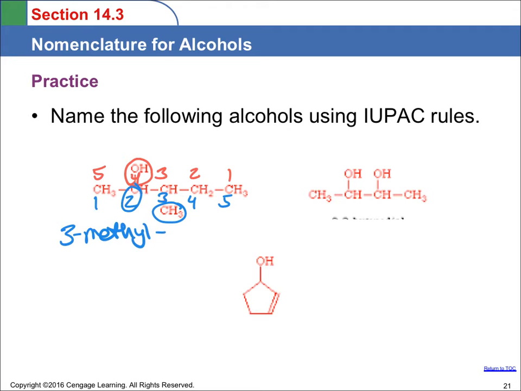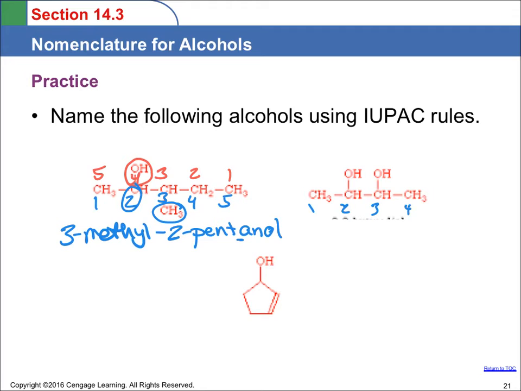Need to say where the alcohol is. It's on number 2. 5 carbons is pent. Everything is a single bond, so we're going to have the A in there. We drop the E and put on OL. So 3-methyl 2-pentanol.